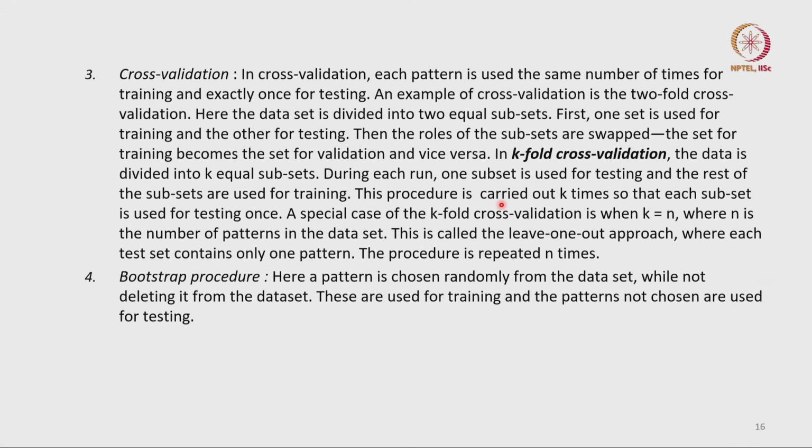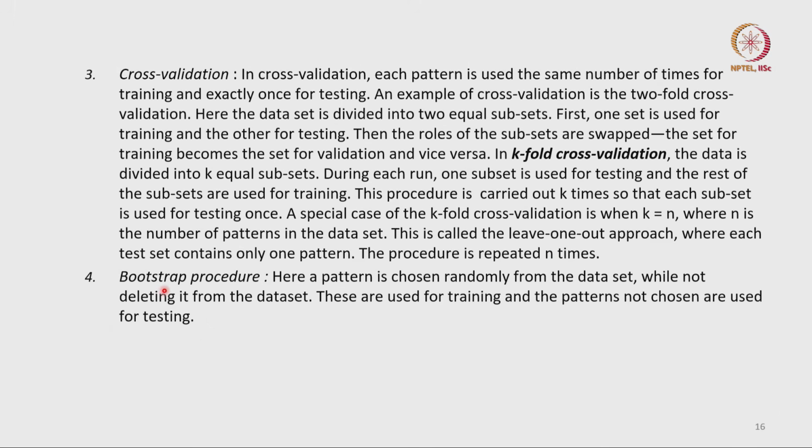This is called the leave one out approach, because in every iteration, one pattern will be taken as the test pattern and all the other patterns are taken as the training pattern. So, this has to be repeated n times in this case, because your k is equal to n.